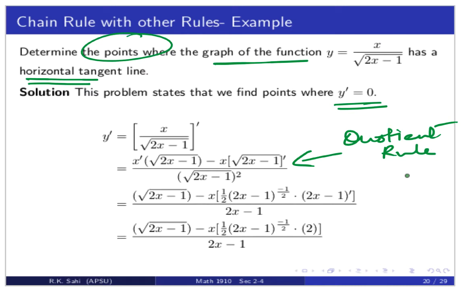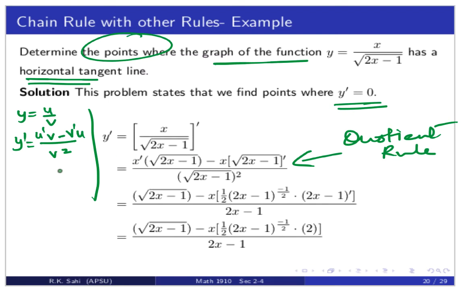So remember the quotient rule. If you have y as a function of u over v, then y prime is u prime v minus v prime u, over v squared. So your u is x and square root of 2x minus 1 is your v.